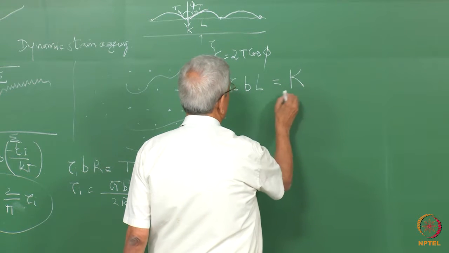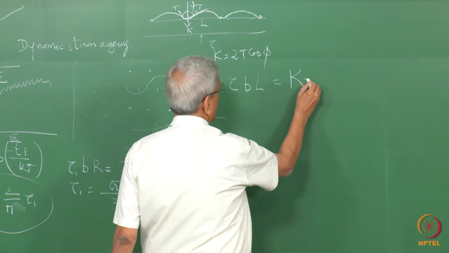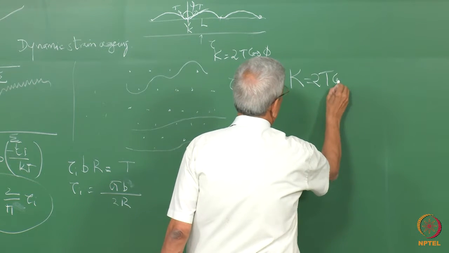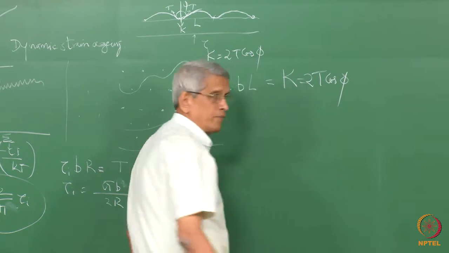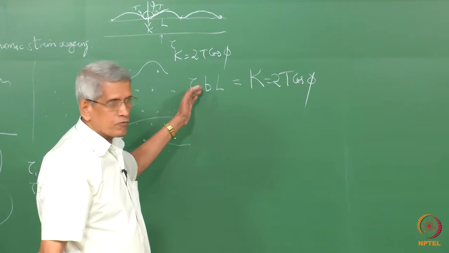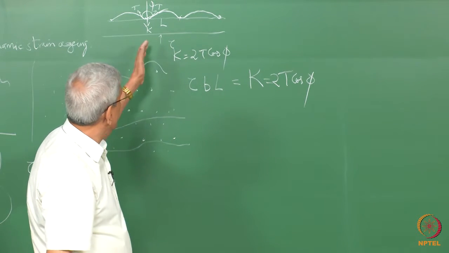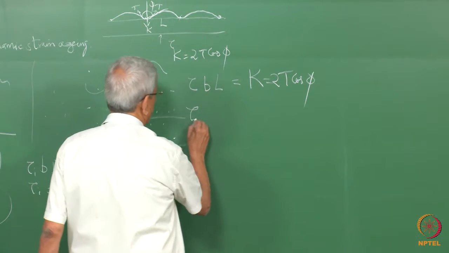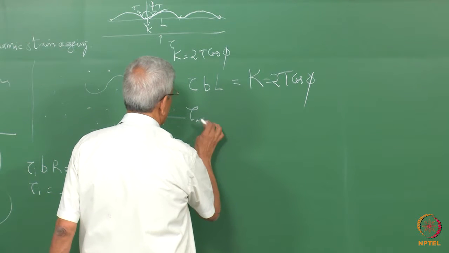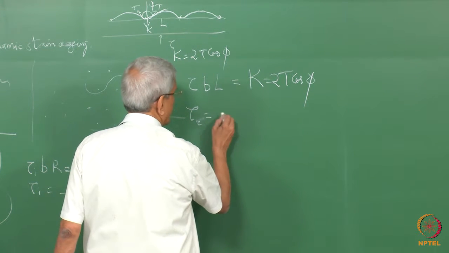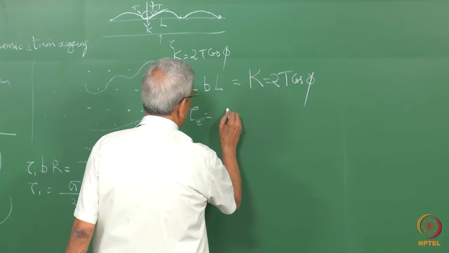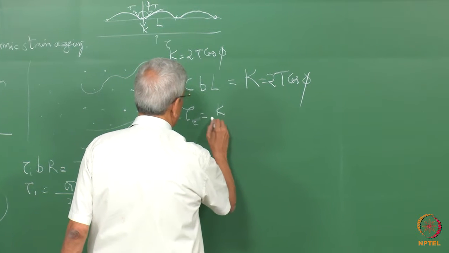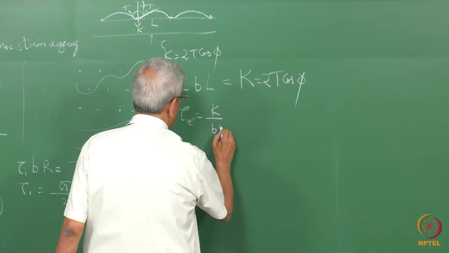K can be written as 2T cos phi. What is the critical stress which is required? That is tau max, which will be K max by bL.